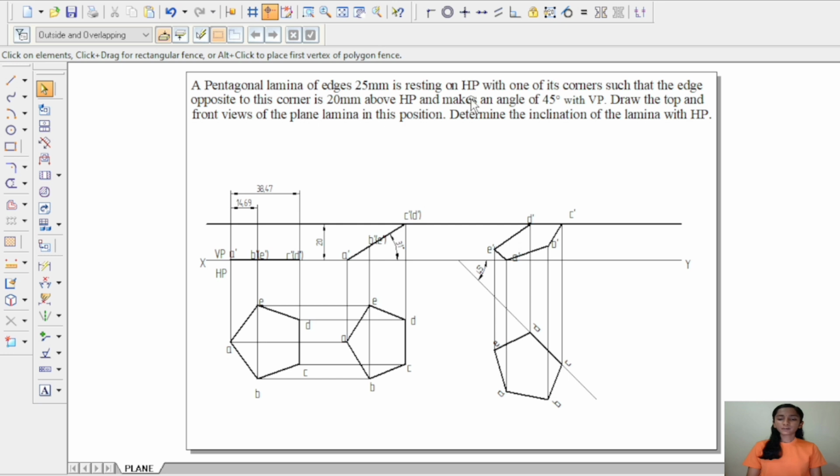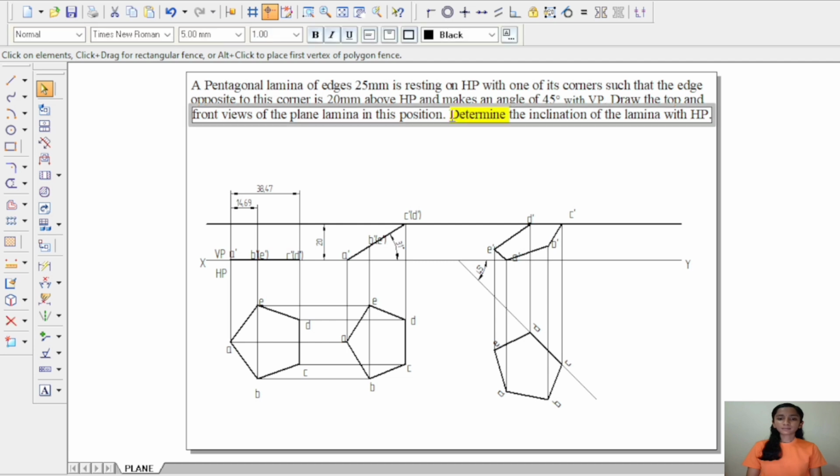The first part of the question was to draw the top and front views of the plane lamina. So we have completed drawing the top and front views of the plane lamina. And the next part of the question says that to determine the inclination of lamina with HP. So it is 31 degree. And using text command, let's write it down here.